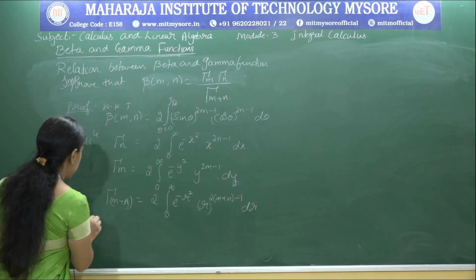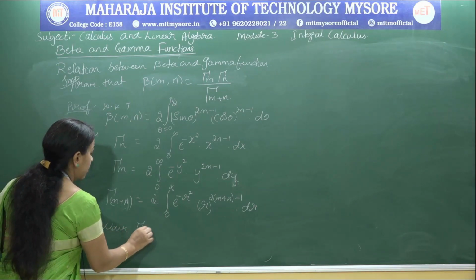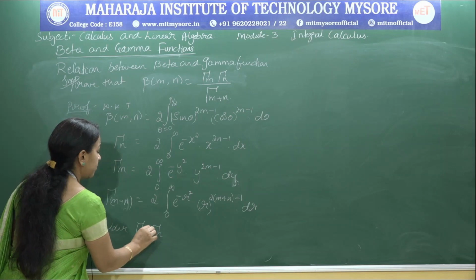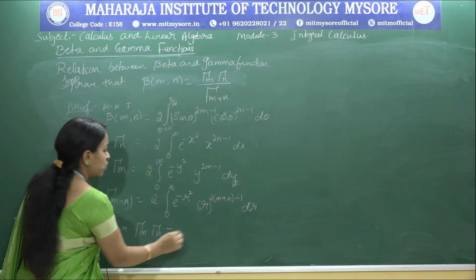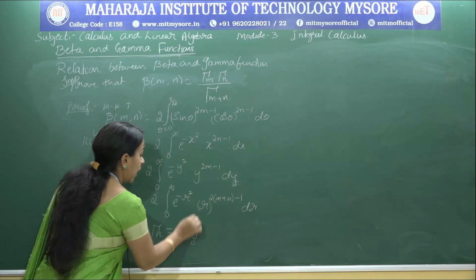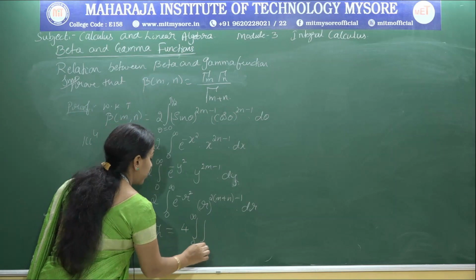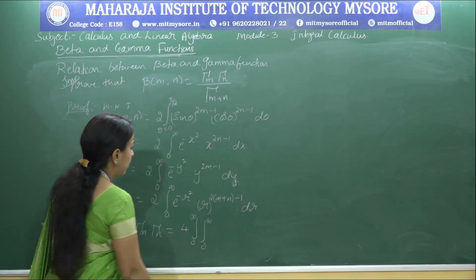So consider gamma m into gamma n, that's equal to, so the multiple is 2 2s are 4 times of, again instead of writing the line integral, I write the double integral 0 to infinity, because the integral limits are same, I can write directly.